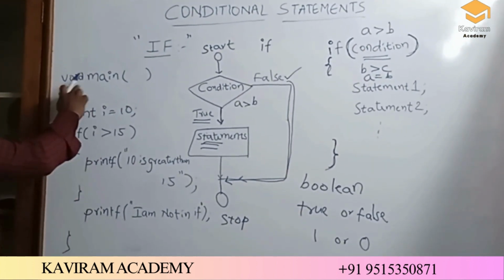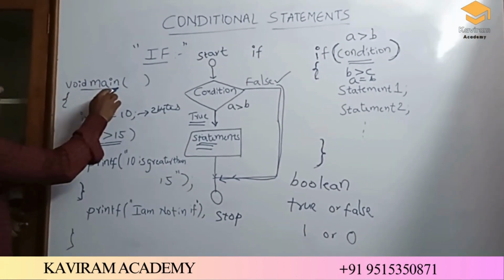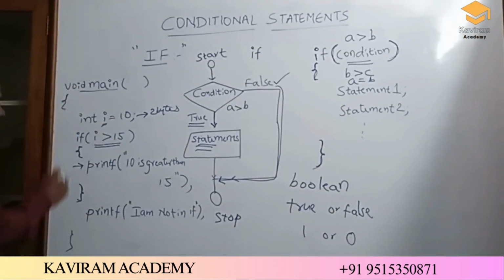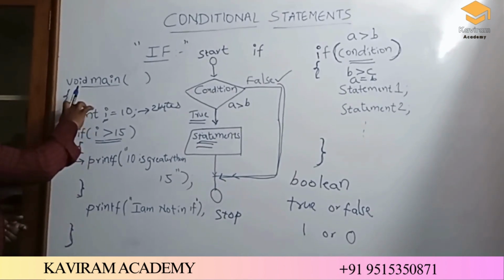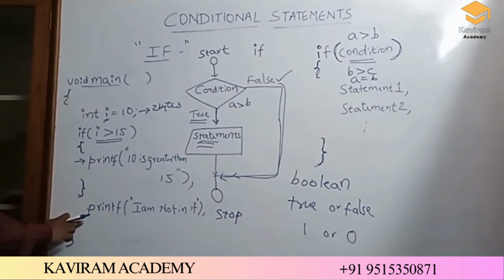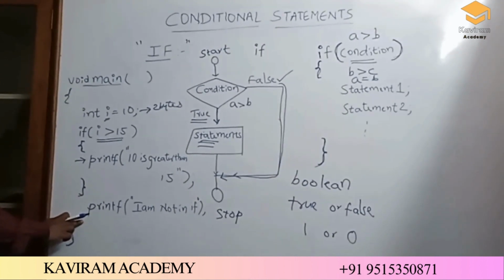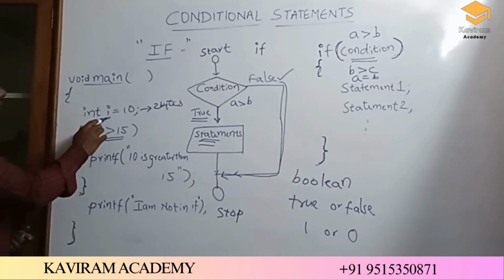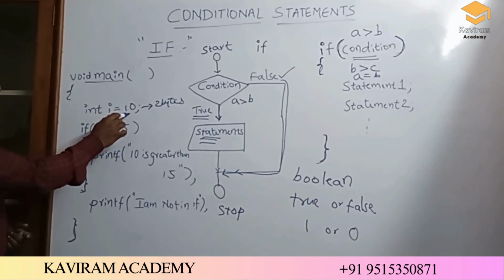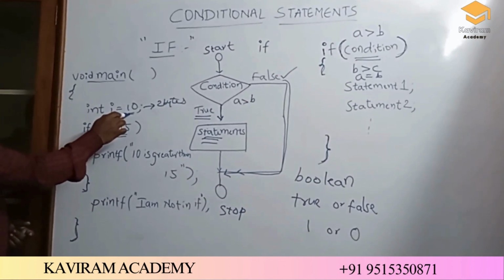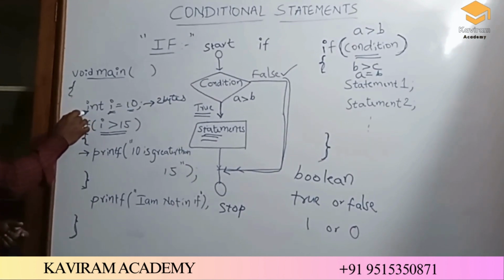For that I am writing my main function, and whatever statements are written between these flower brackets, your C processor understands these are the statements present in your main function. Here I have taken an integer variable I, and the value assigned is 10. I have specified its data type as integer.